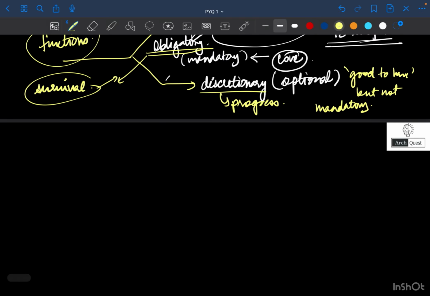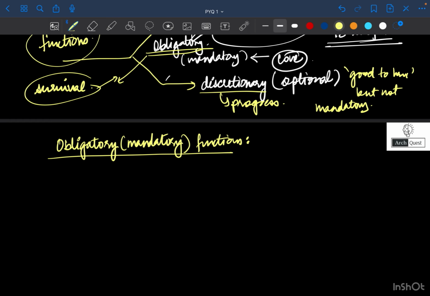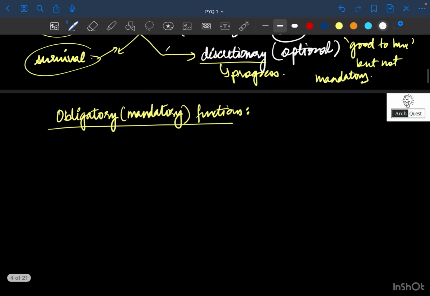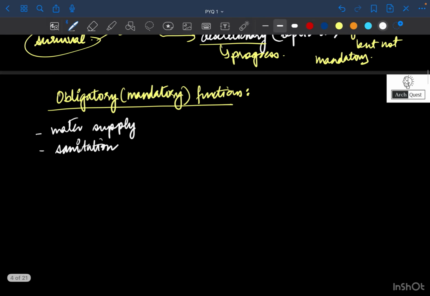So let's see a few examples. Obligatory or mandatory functions would include water supply, sanitation, roads, bridges, street light.